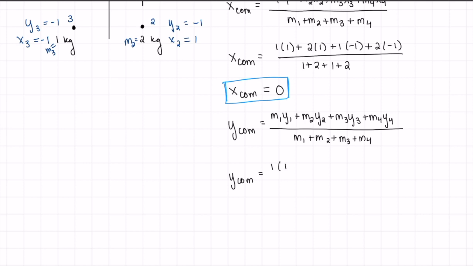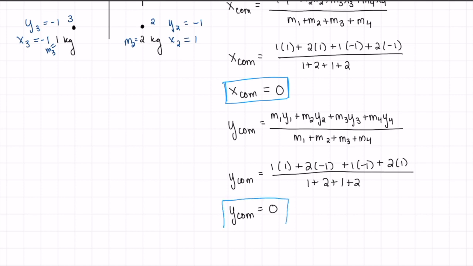So we'll have 1 times 1 plus 2 times -1 plus 1 times -1 plus 2 times 1 over 1 plus 2 plus 1 plus 2, and this is also going to give us 0. So nothing really spectacular with these results, but just to show you how to use these equations.